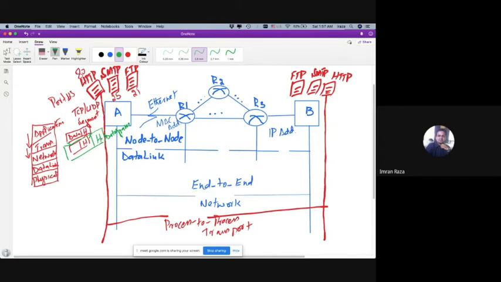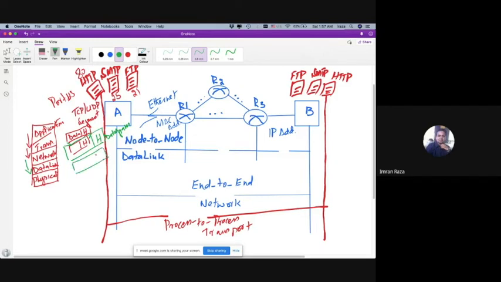Can you identify them, with the relevance of this scenario? Yes. One field is the IP address of the sending machine, and the other field is the IP address of the destination machine.